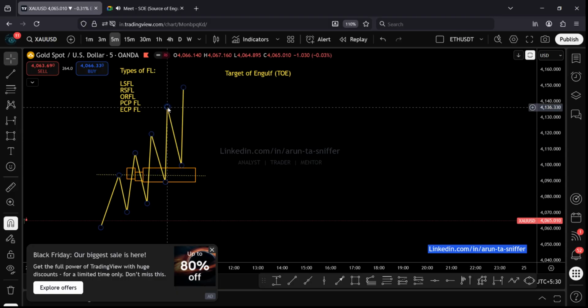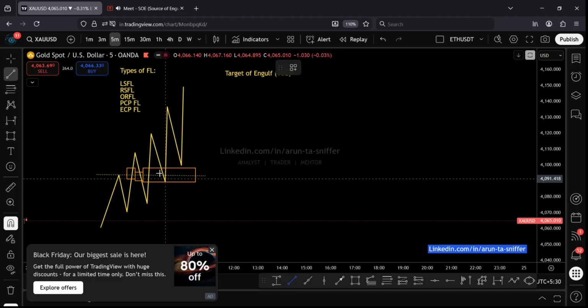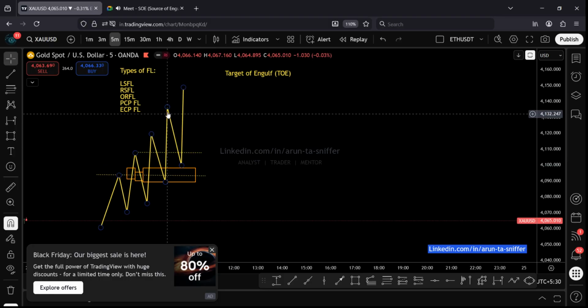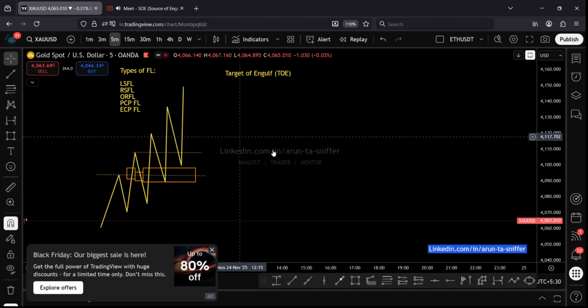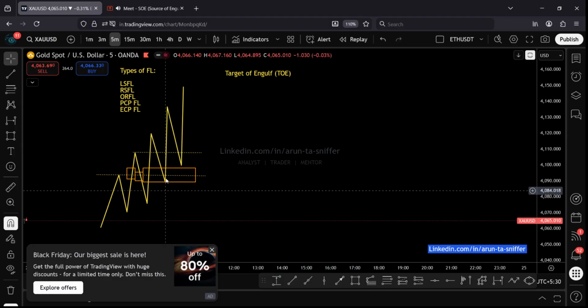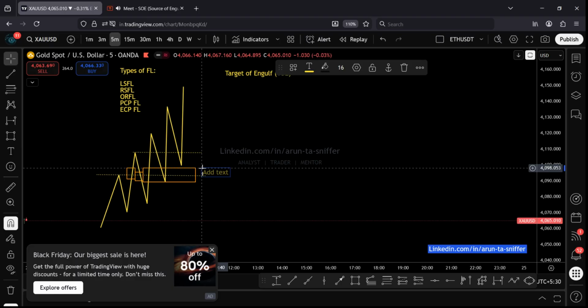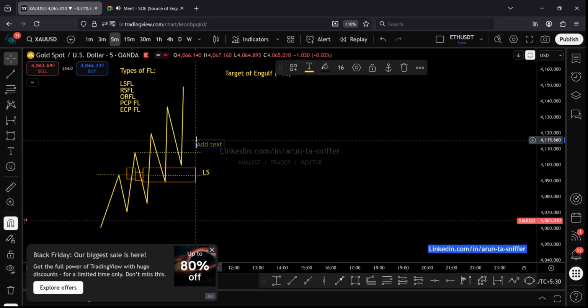For this move up, where will LS be? LS will be here. Here will be our LS. Pull back, goes up. Okay, so these are LS entries. This is our LS. This is our LS. This is our LS.